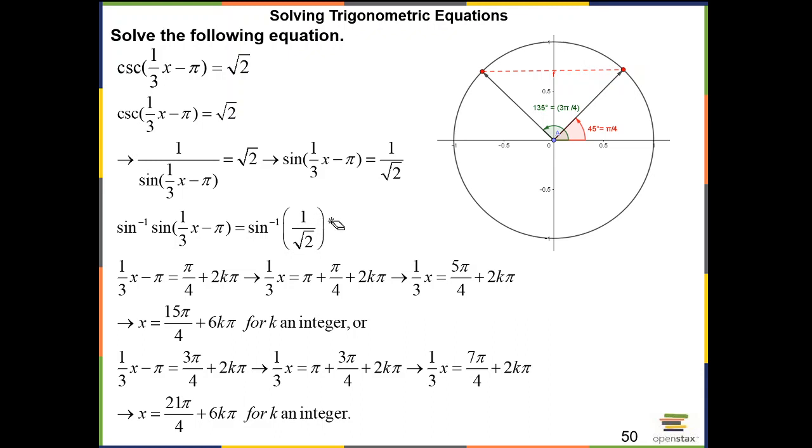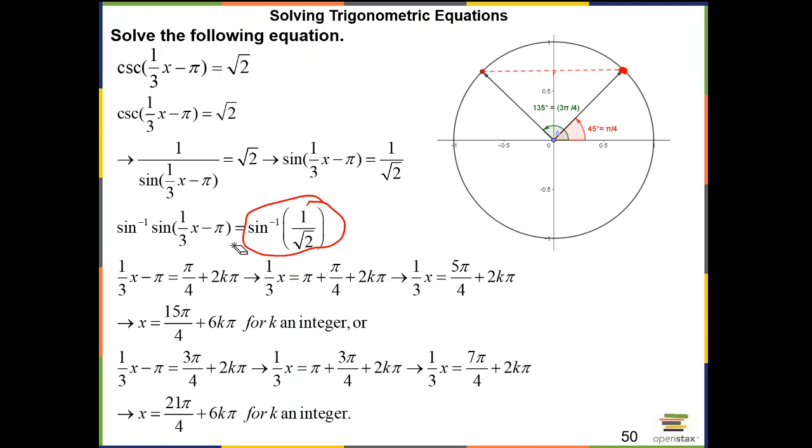So the calculator is going to look for an angle in the restricted domain of sine, which is over here, that has that sine. And that angle that the calculator is going to give you is this one right here, which is, of course, pi over 4.